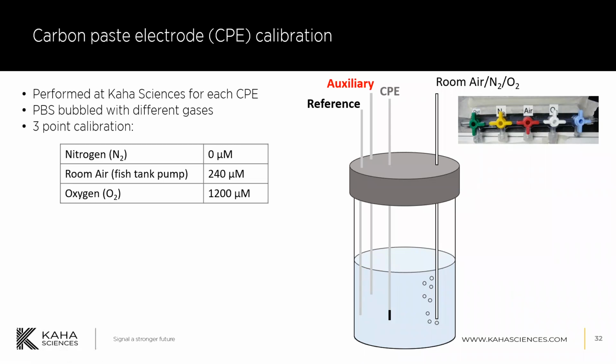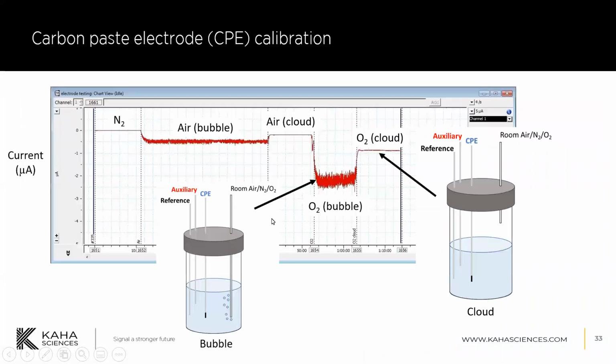So we use a benchtop potentiostat for this, and we can easily switch our gas mixtures using our system of taps here. And so if we look at the results when we use nitrogen bubbled through a solution, it will push out all of the oxygen and remove all of that oxygen from the solution. And so you get a very low current, around 0, in response to that.